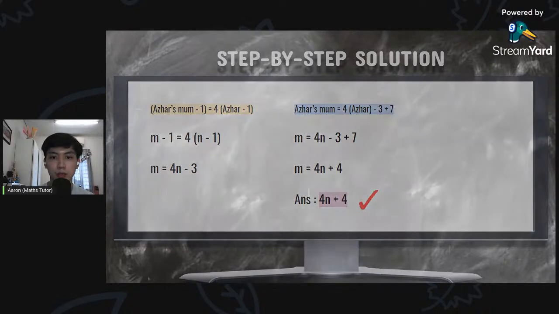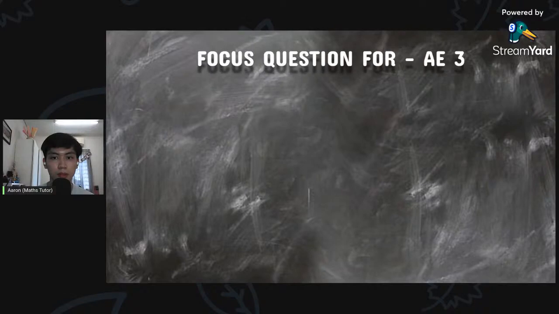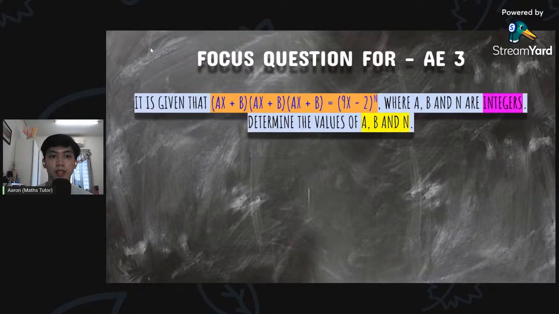Okay, so we move on to question 3. It says here: it is given that (ax plus b) multiply (ax plus b) multiply (ax plus b) equals to (9x minus 2) power n, kuasa n sini, where a, b and n are integers.